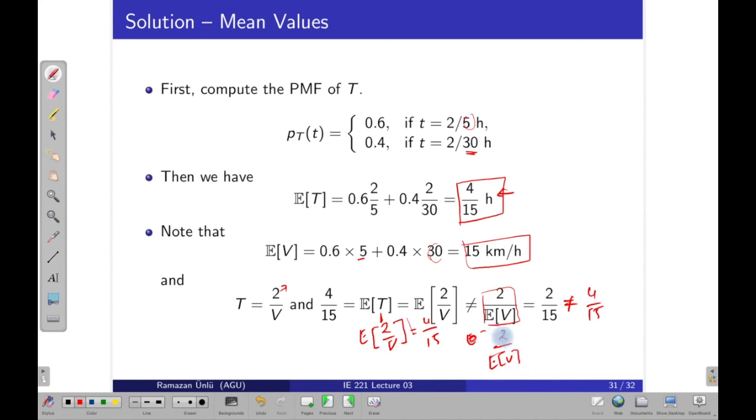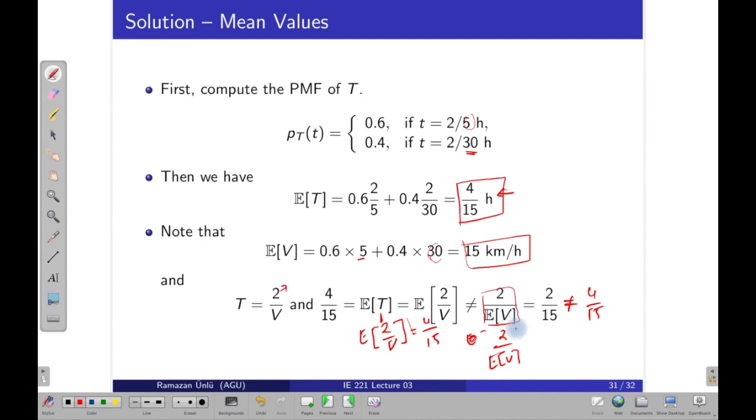So what can I conclude from this result? I can conclude that the expected operator cannot be distributed over a multiplication or division operation, but you can distribute it over an addition and subtraction operation.